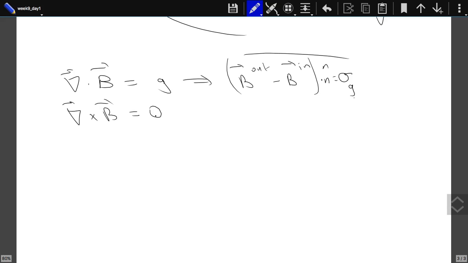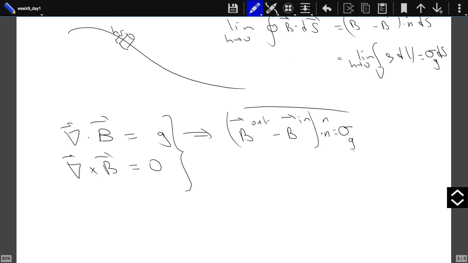If curl of B is equal to 0, you combine these two. This tells me that the parallel component is continuous. So you have this vector field B on the surface. You can just decompose it into its parallel component and also the perpendicular component.